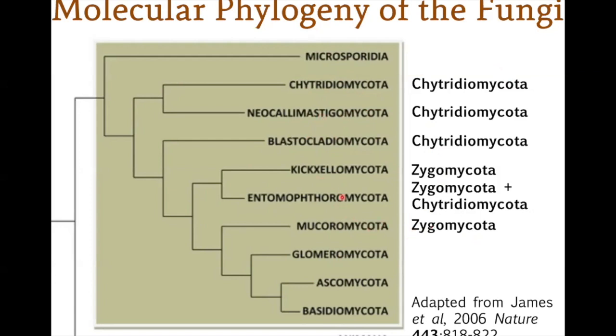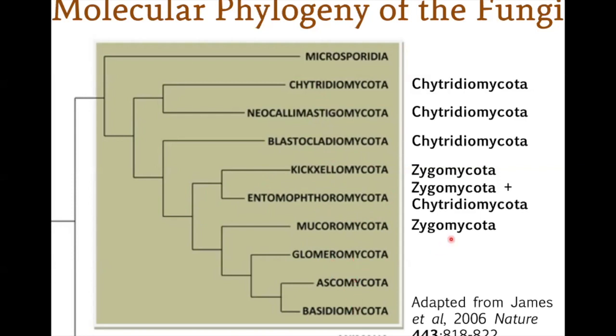And so you can see that there's a mix of things. So this group here is the Zygomycota and the Chytridiomycota. But you can see that most of these just fall into one or other of those two groups that I talked about before. And what we're going to do is look at how to interpret these phylogenetic trees to see what the outcome of the organization of the fungi into these different groups means for taxonomy, and why we can't just use these simple names, Chytridiomycota, Zygomycota, Glomeromycota, Ascomycota, and Basidiomycota.